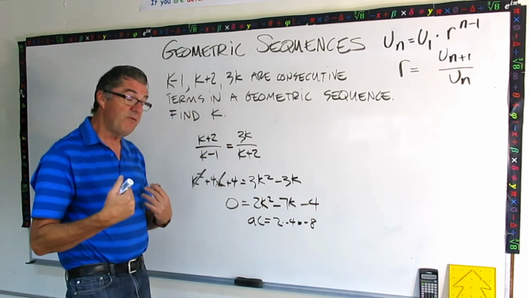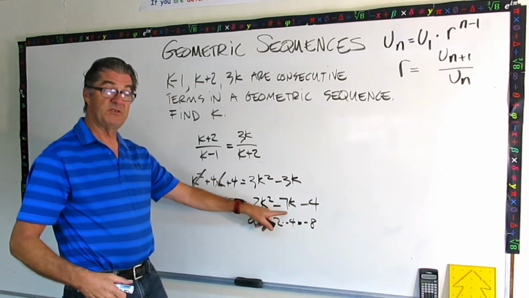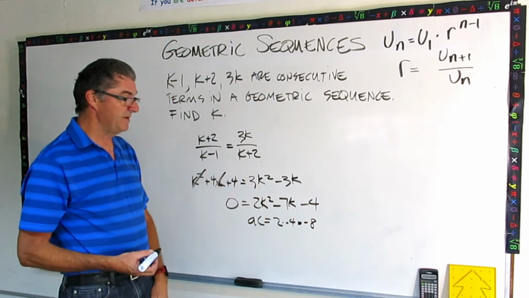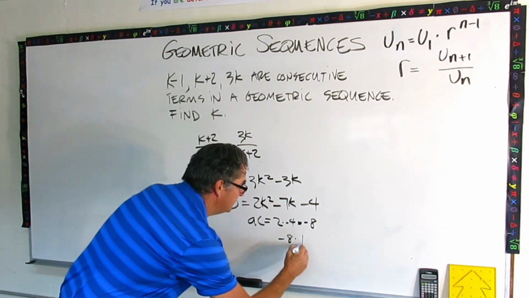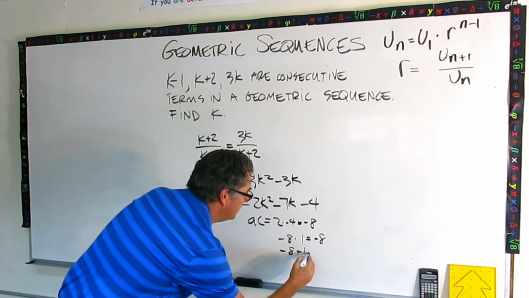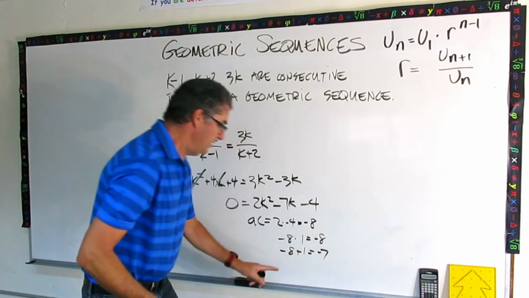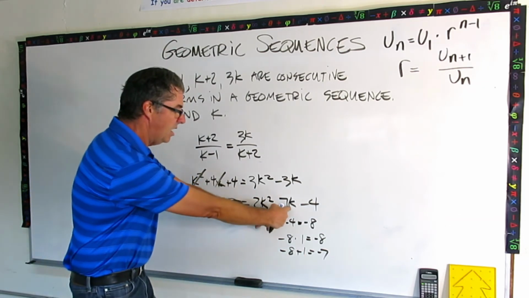Now we find two factors of AC, negative 8, that add up to the middle term. And those two factors are going to be negative 8 times 1. That's going to equal negative 8, and negative 8 plus 1 equals negative 7. So negative 8 and 1 are the two numbers that we split our middle term into.